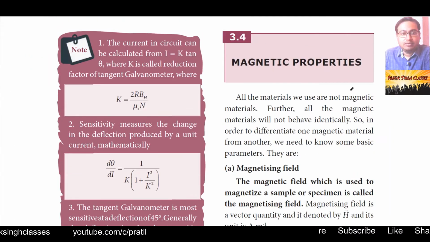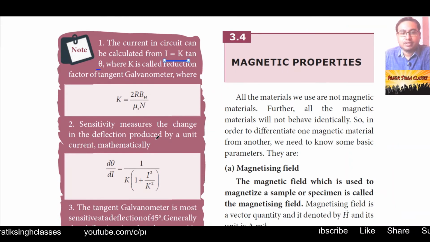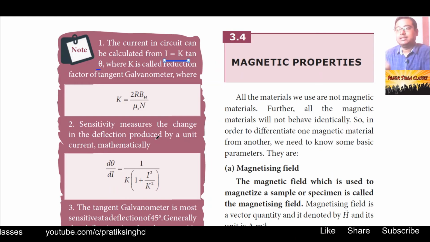Once again, the current in the circuit can be calculated from I is equal to K tan theta, where K is called the reduction factor of the tangent galvanometer, where K is equal to 2R BH by mu naught N. Whenever detectors try to find out whether there is any kind of hidden electric circuit inside the wall, they use a tangent galvanometer.